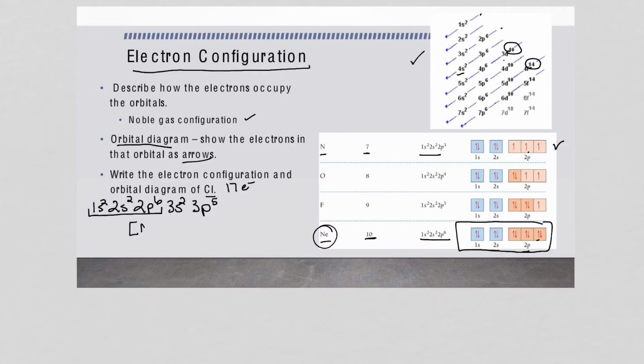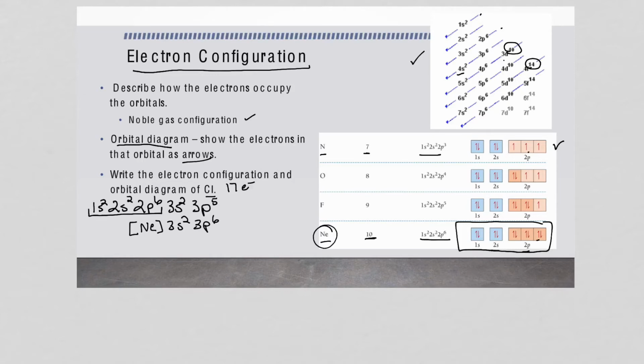The way we do that is we simply write neon, put it in brackets, and that's representing that filled S and P of the second energy level. And then we write the remaining configuration. So it's really just a shortcut, which can become a little bit easier when you get to bigger atoms that have more and more electrons.